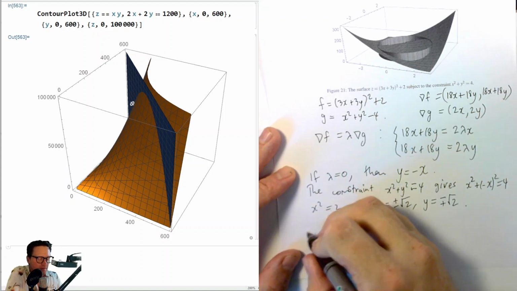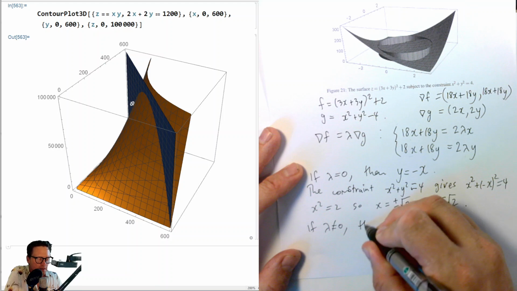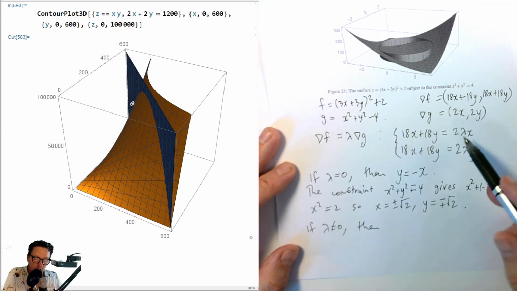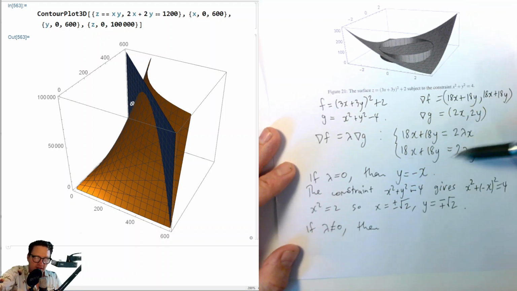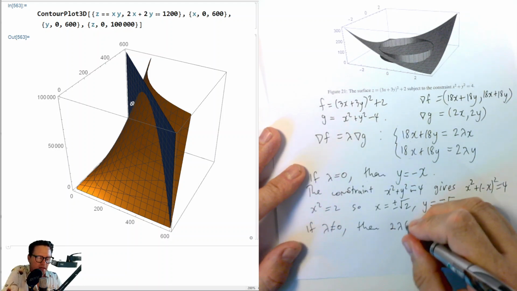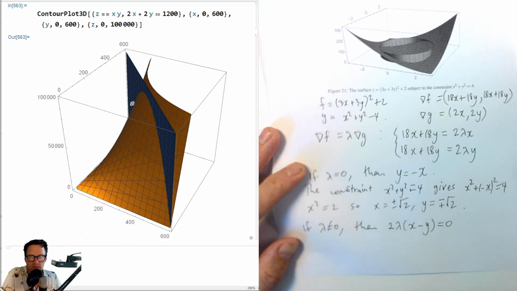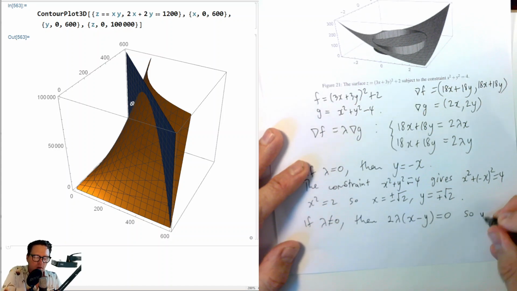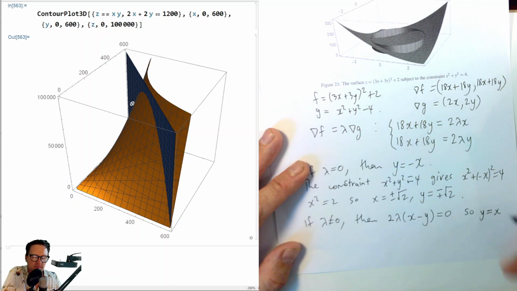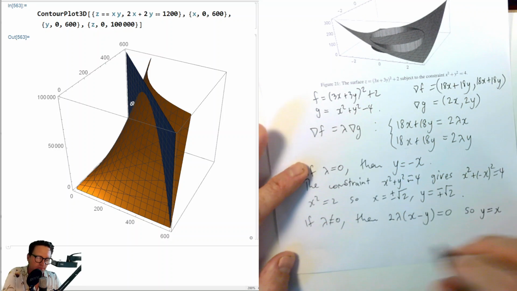Okay, now if lambda is not equal to 0, then, well, these two are equal, right? So that what we would have is 2 lambda outside of x minus y equal to 0. So y would be equal to x because we could multiply by the inverse of lambda if it's non-zero.